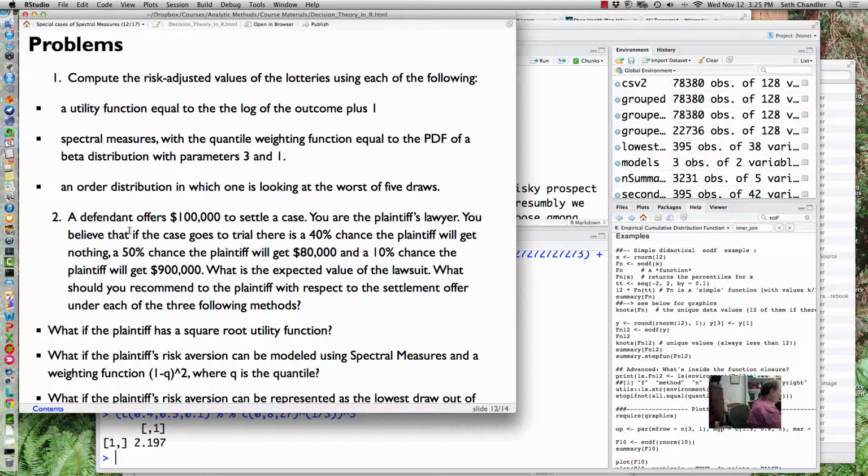And what I want to know is, what should a person who has an order distribution, who uses that 2 rolls theory, do? When they see a lottery, they think, what's the worst of the 2 outcomes? I want to know what they should do in this setting.